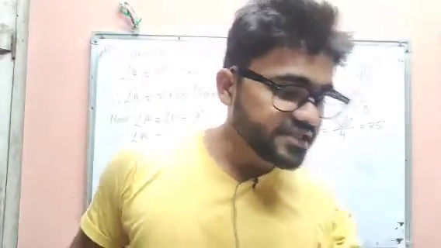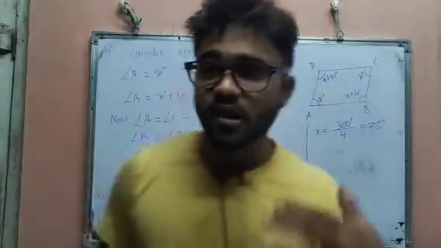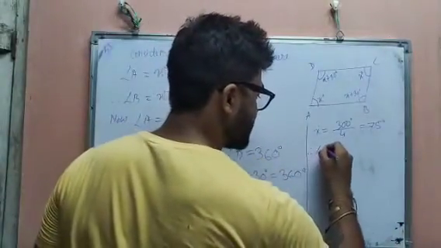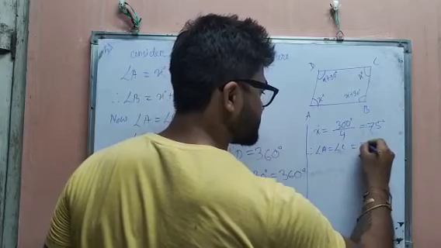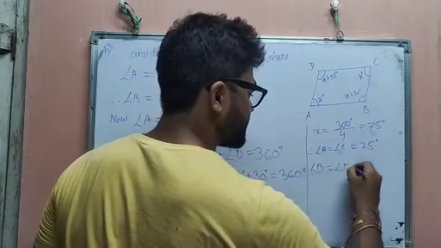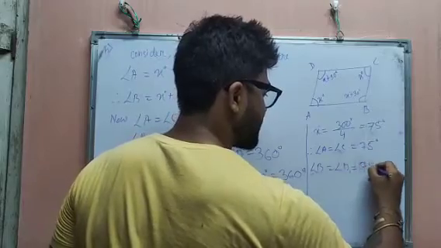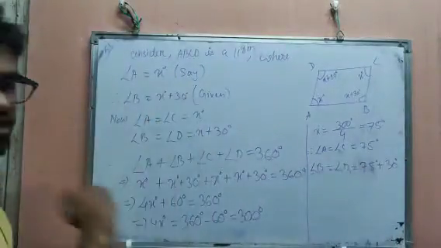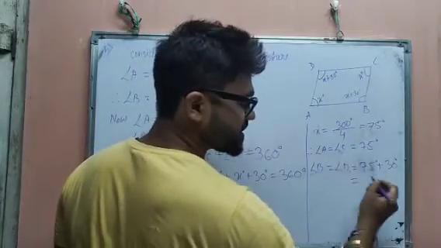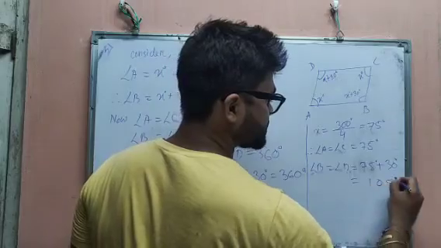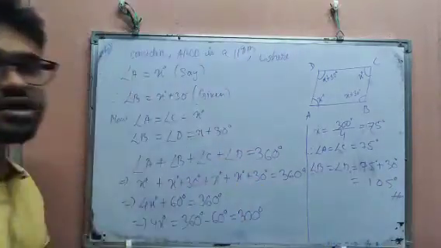How much does each measure? That means what is the measurement of all the angles? So you can clearly say now, therefore angle A equal to angle C equal to 75 degree, angle B equal to angle D equal to 75 degree plus 30 degree by condition. This is the condition, x plus 30 degree. So 75 degree plus 30 degree, you will get what? This will be 5, 7 plus 3, 10, 105 degree, which is our required answer.